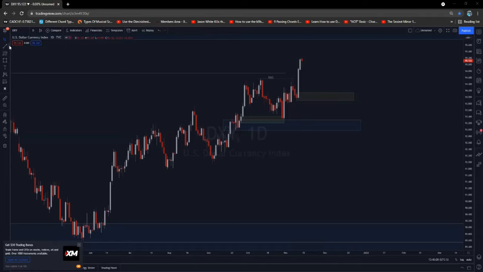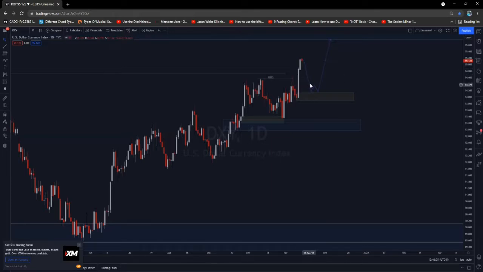So from here, what I'm expecting is a correction, or the market to find order blocks here and then continue to the upside. So on the dollar index, I'm still very bullish in the long run, but I'm expecting a short-term reversal to fetch another block before moving to the upside.